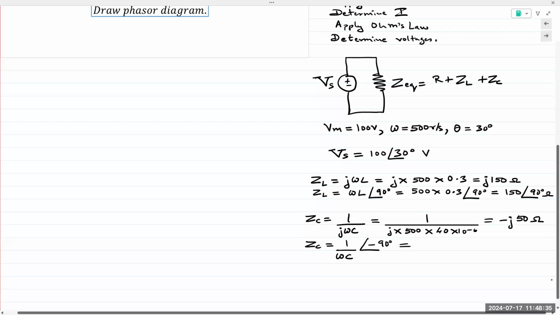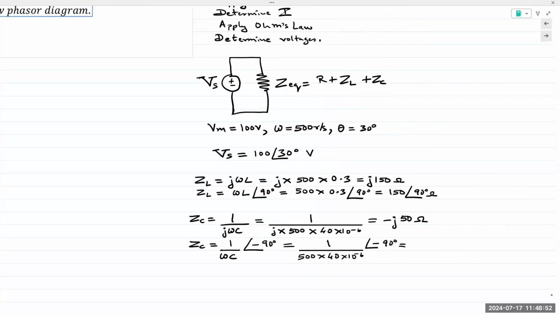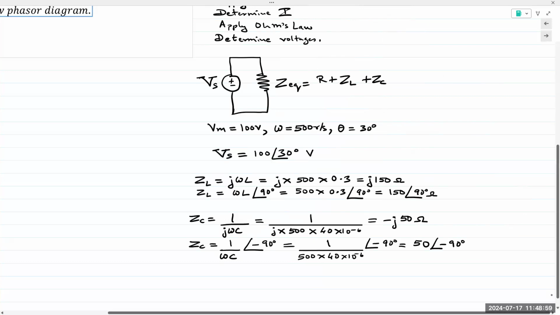So it's 1 over 500 times 40 microfarads, and this would be 50 with the angle of minus 90 ohms.